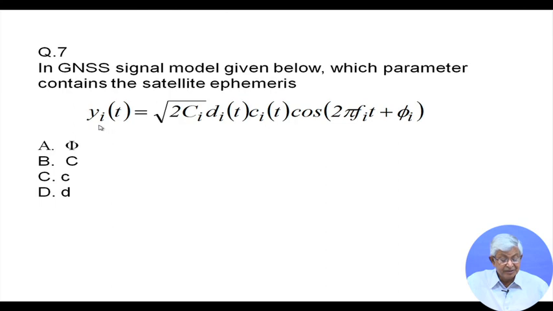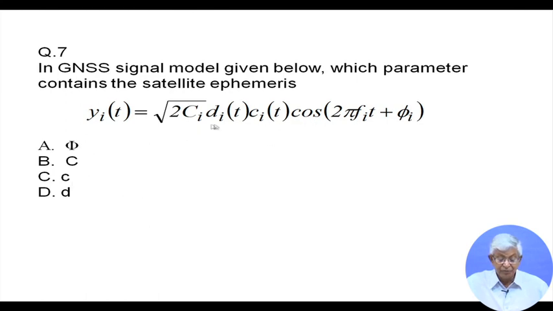The signal model is given as y_i(t), where i stands for the satellite number, is equal to root 2 C_i into d_i(t) into c_i(t) cos of 2 pi f_i t plus phi_i. Now, the satellite ephemeris are in capital C, or small d, or small c, or in f or in phi. Different choices are given: phi, capital C, small c, d.